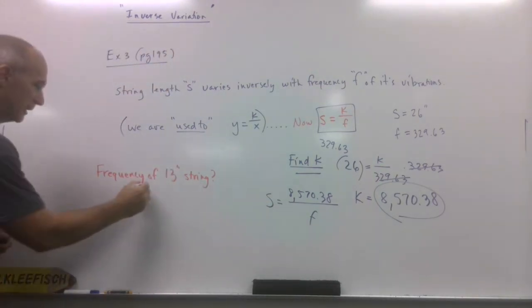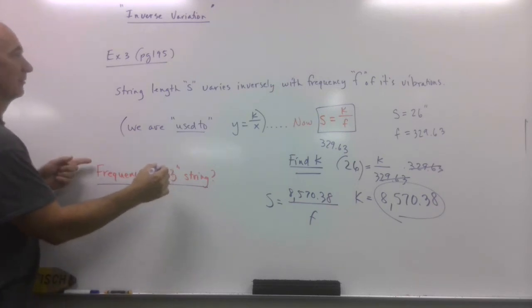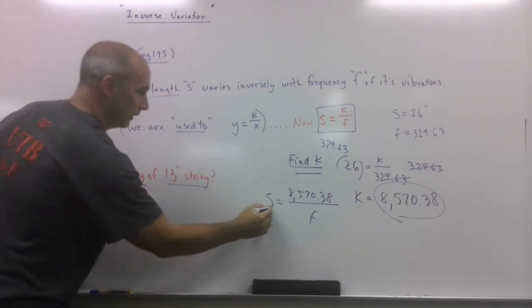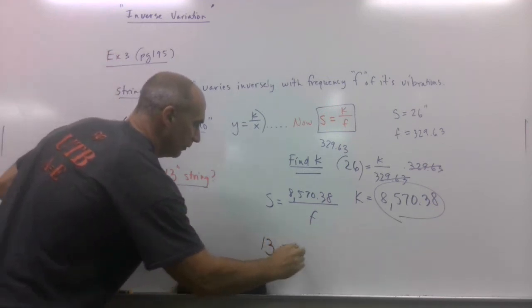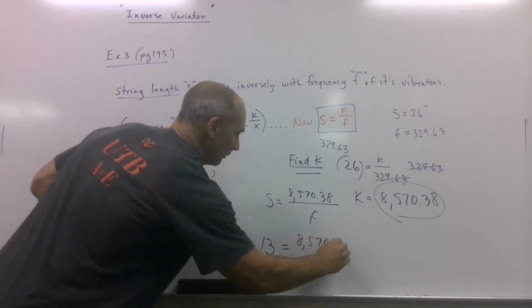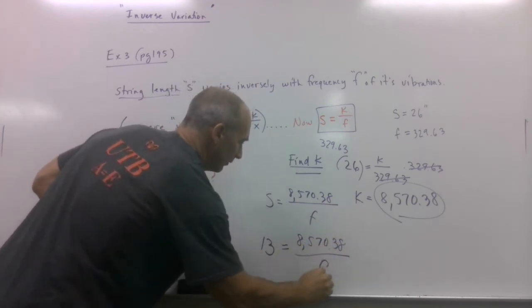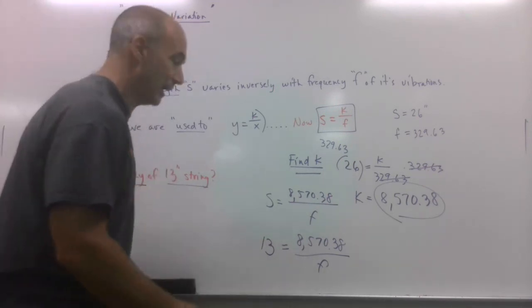They say, what's the frequency of a 13-inch string? So we know that S is the string length. So we're going to replace this with 13. Now this could get a little bit weird if you guys haven't been doing algebra like this. But notice the variable we're trying to find is buried in the denominator.